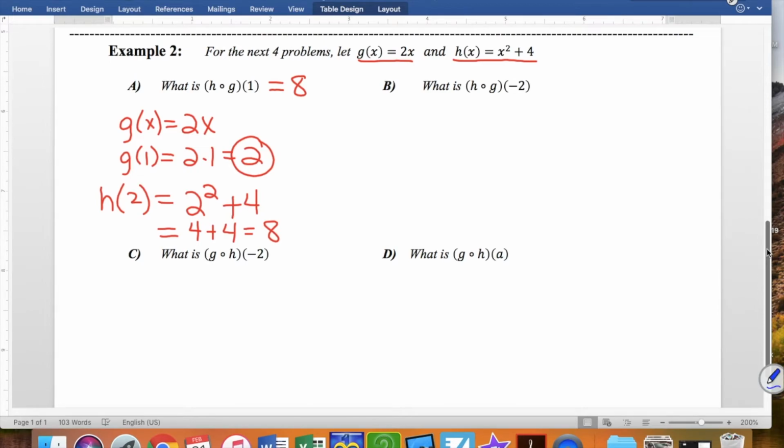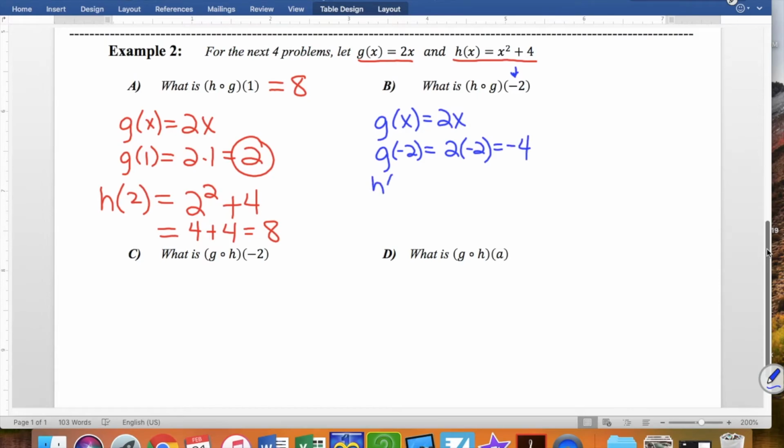This one wants to know the composition of h with function g, if my input is -2. So again, I'm going to start with my g of x, which is 2x, and I'm going to put in -2, and I get 2 times -2, which is -4.